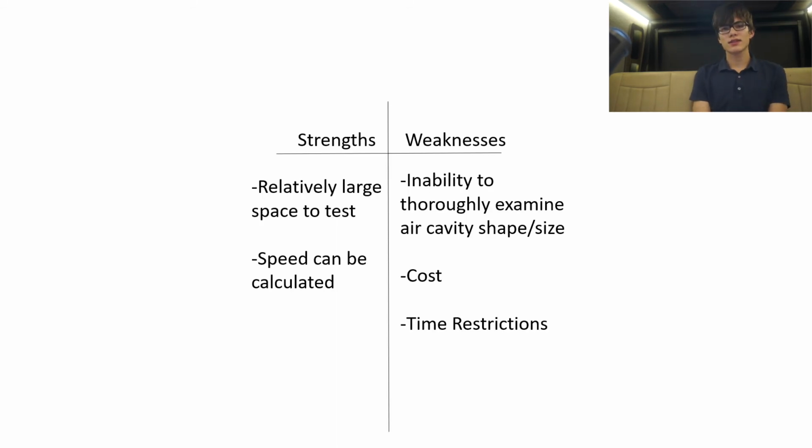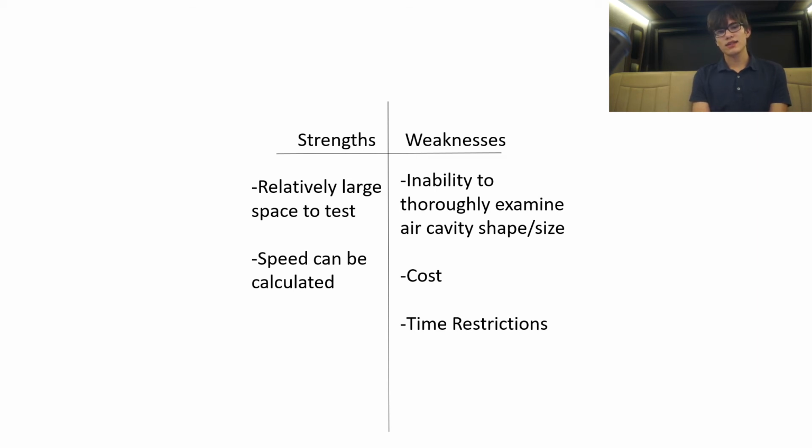And for this project, the design was reviewed by a qualified scientist, and there's proper guidance during testing. The strength of this project is a relatively large space to test, which is a lake.